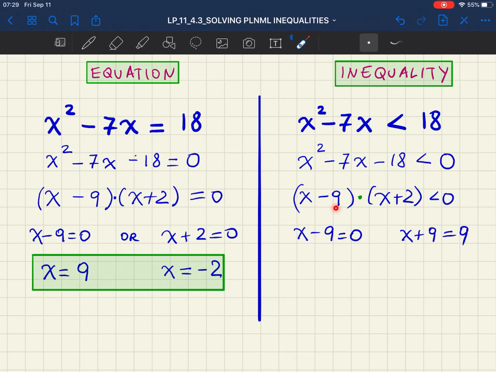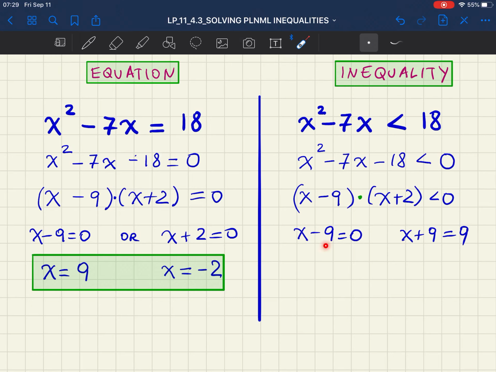And in order to determine when each factor is negative or positive, we have to start from 0. So what value of x will make the factor equal to 0? Because once we know when an expression is 0, then we can figure out when it's positive or negative, because 0 is the number that separates the positives from the negatives.